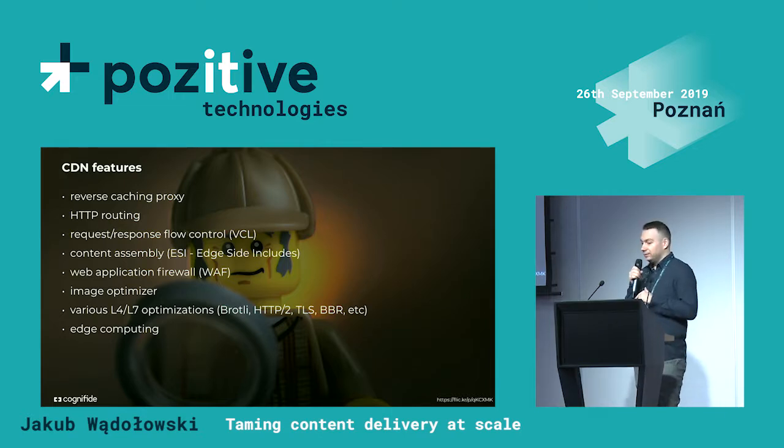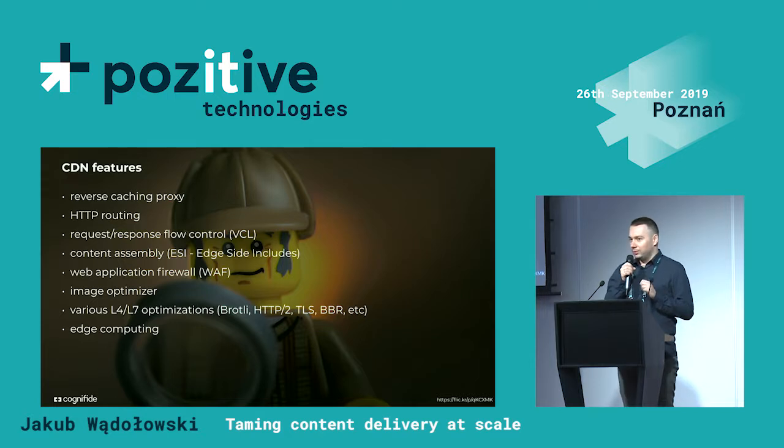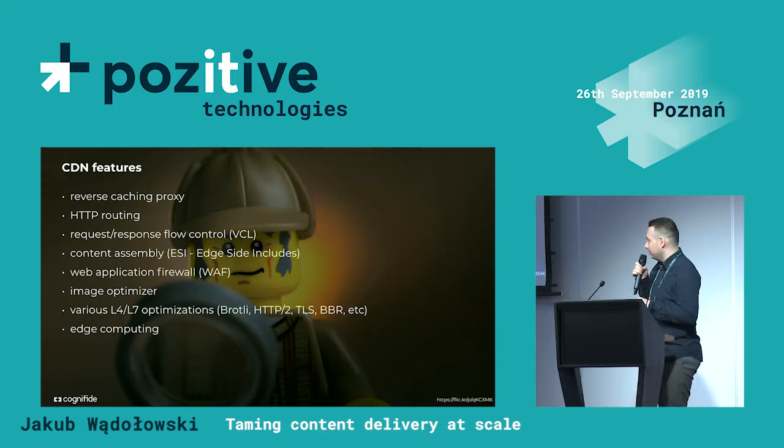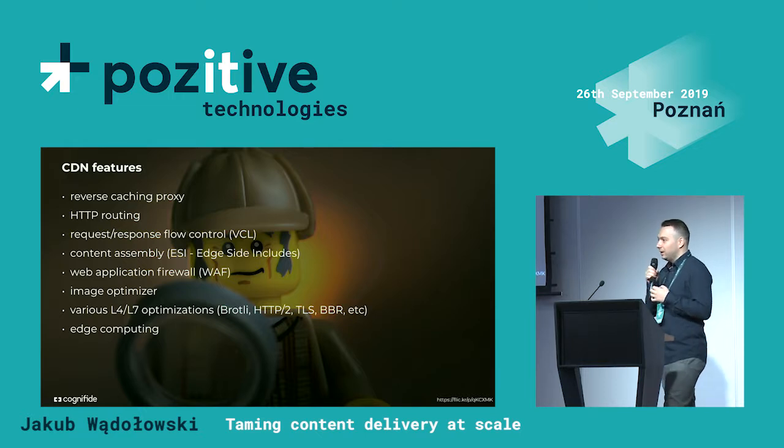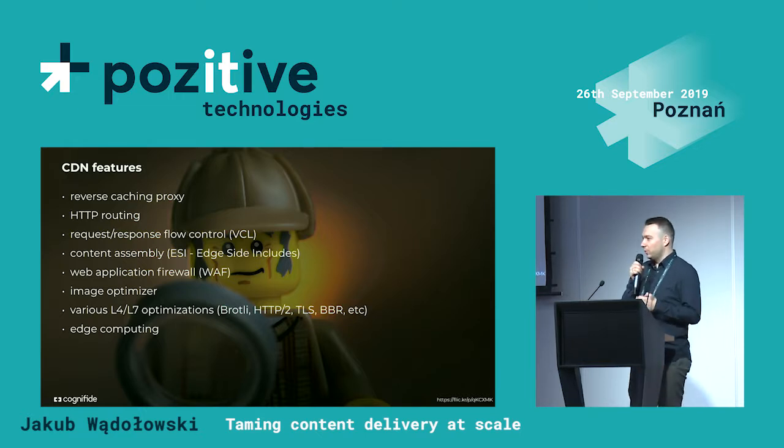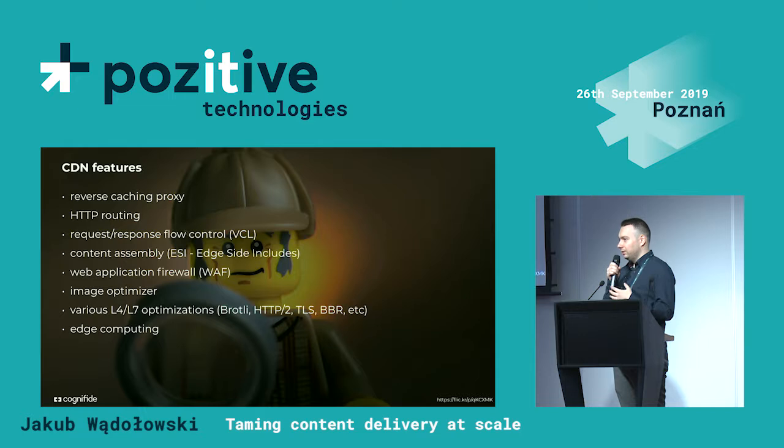And last but not least, edge computing. That's a new shiny thing, which started some time ago, but that's going to be huge in the upcoming years, as that allows you to attach some sort of bespoke logic to your CDN and distribute that across multiple locations.